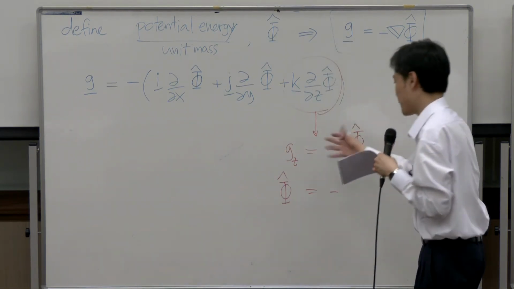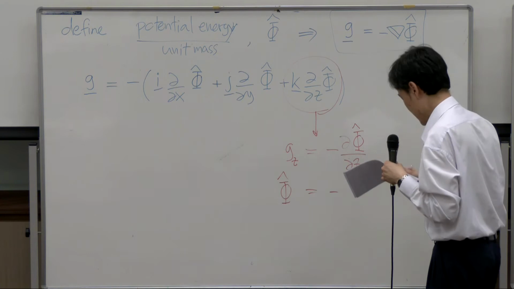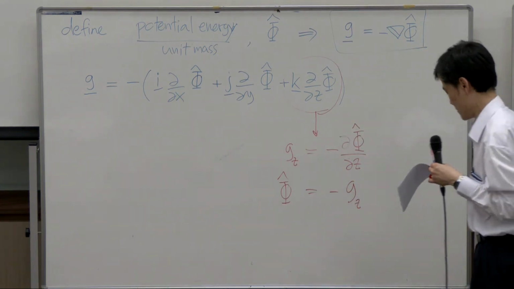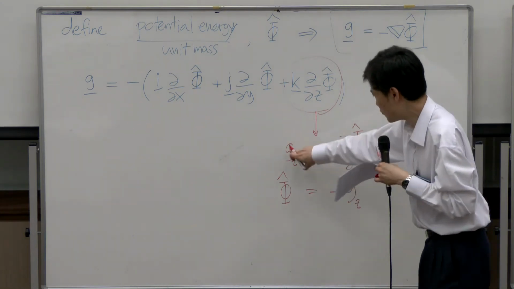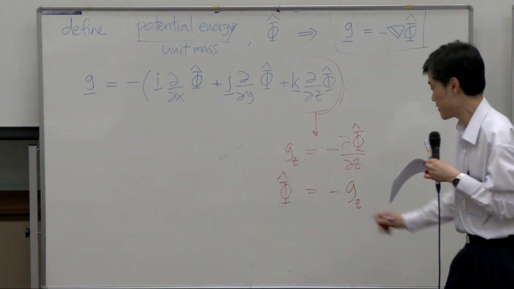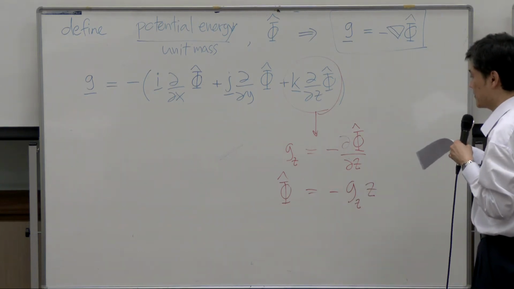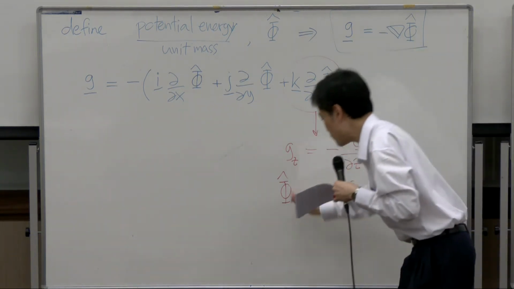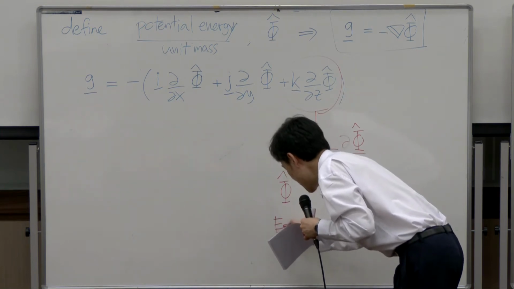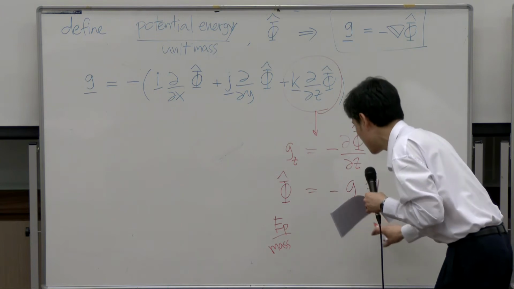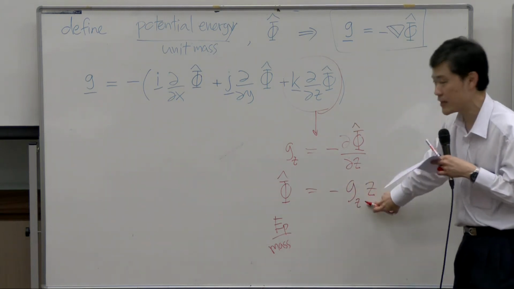On the left, gravity is constant, and when you move dz over and integrate, you get z. Okay? So basically, this is potential energy per unit mass equal to g times distance.